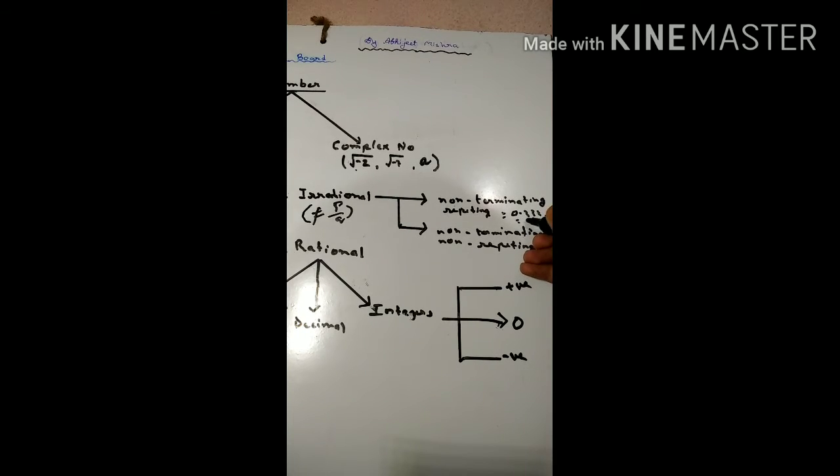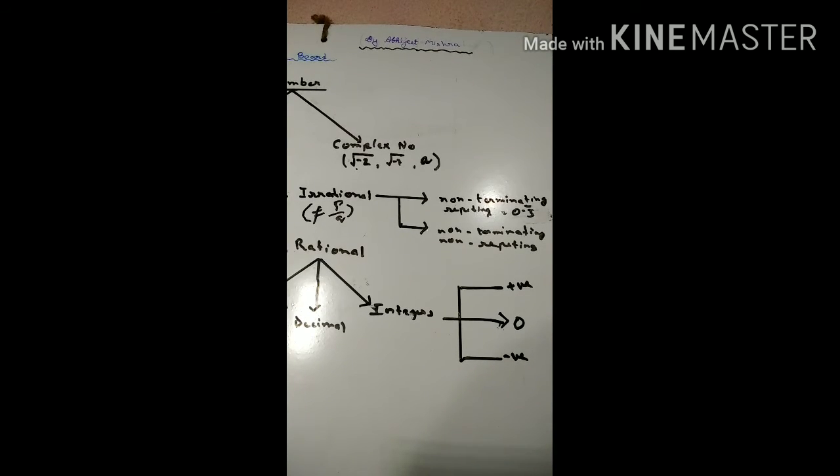It can be written as 0.3 with a bar over it, means it will be continued. It will never come to an end. It will go on continuing, means it is non-terminating, but the same number repeats on, so it is repeating.